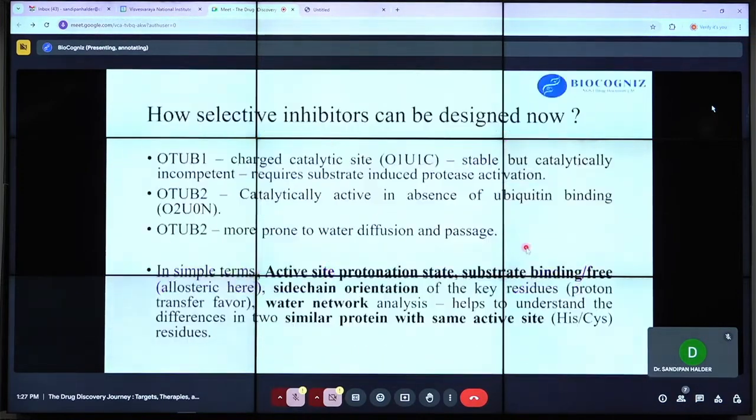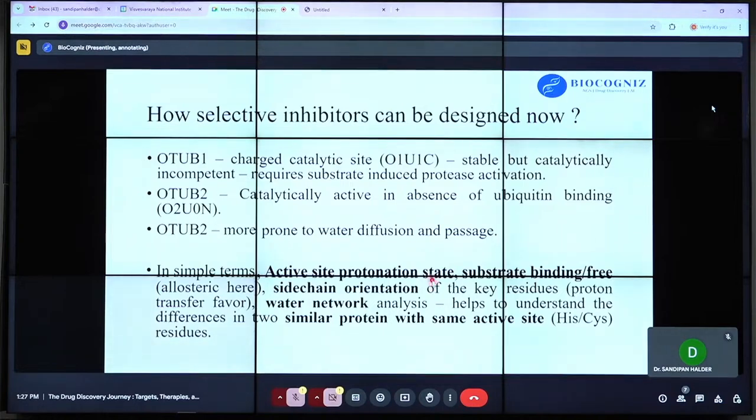Okay. So that's what we have mainly observed with OTB1 and OTB2. How we achieve the selectivity is that we should know the catalytically stable, active state that we have to identify, because for two similar proteins, it can be achieved under two different conditions: either the active site protonation state and the substrate or peptide binding, or the free state.